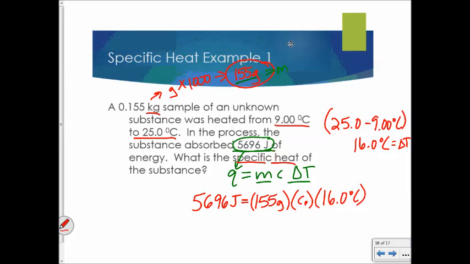How do you undo the multiplication over here? You've got to divide both sides by the grams and the Celsius. What you do to one side, you must do to the other side. Remember, that's how we work it in math.